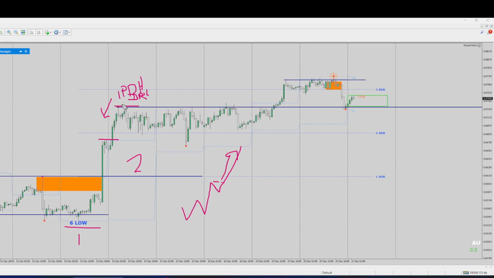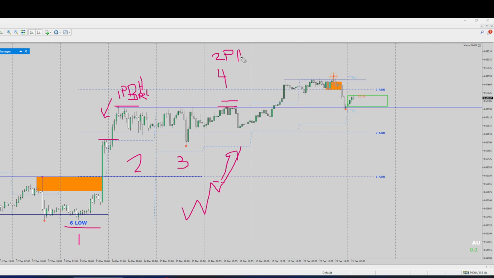And then once it created the high, it hadn't quite broken there yet, right? It didn't quite break this high until here. So here's day 3 and then day 4. This little bit of tagging, stop hunts at the high here, technically that did take out this particular high. So I'm going to count this as 2.